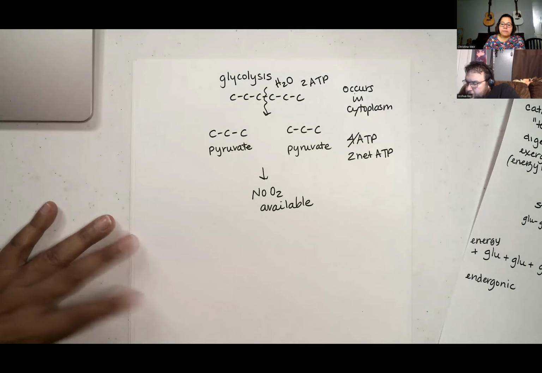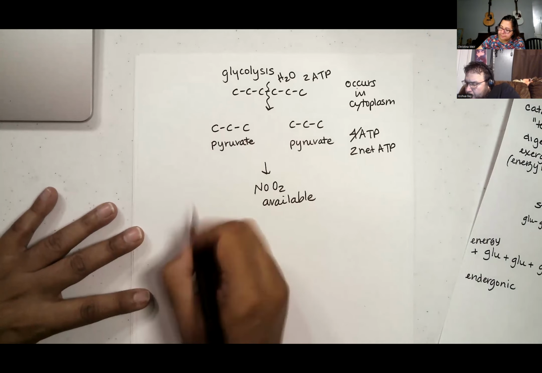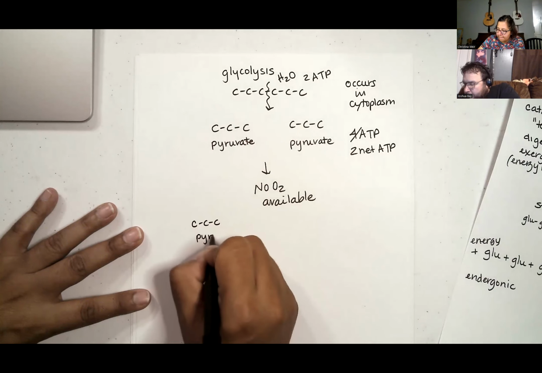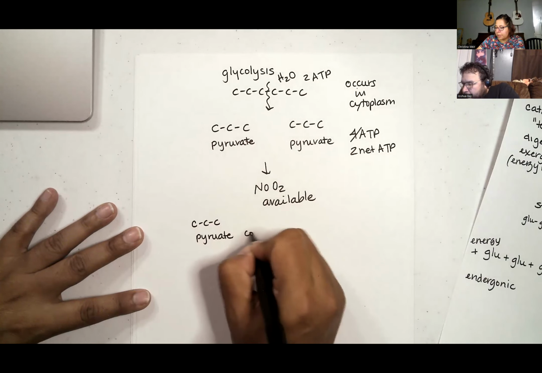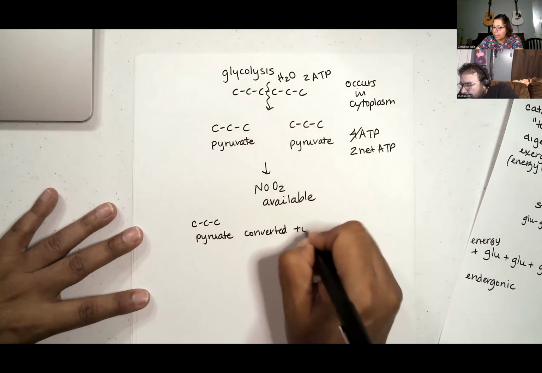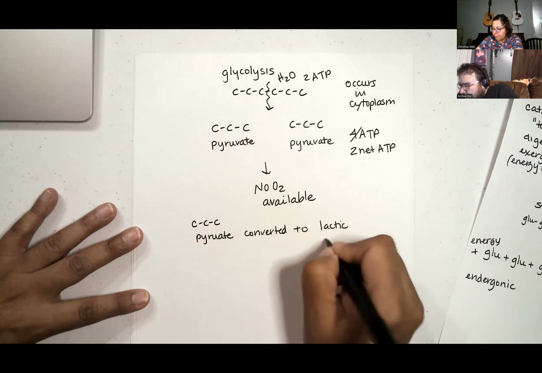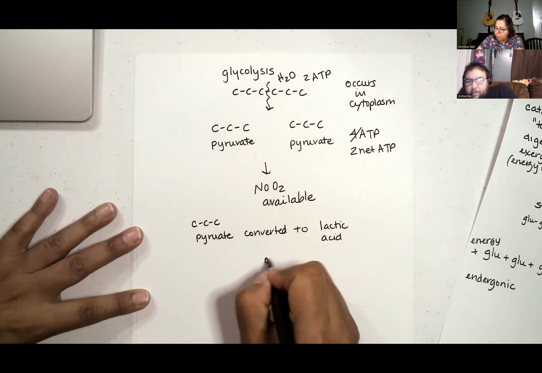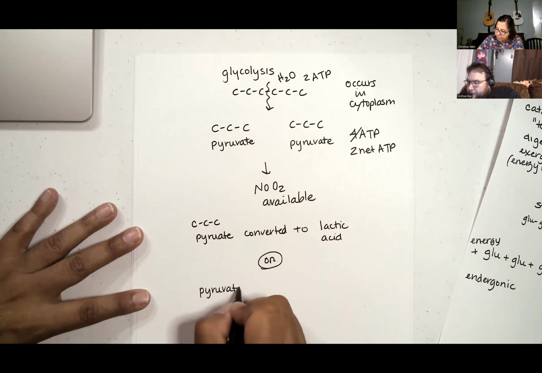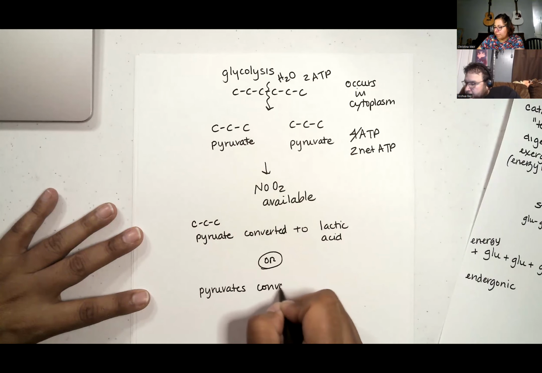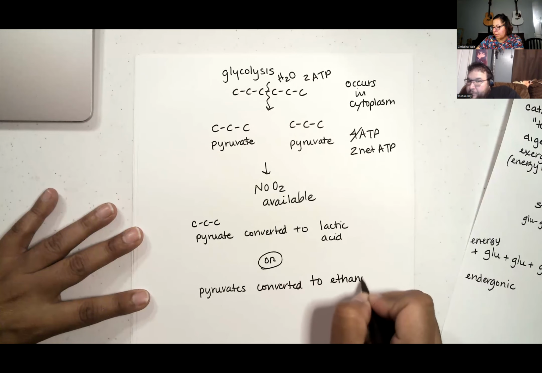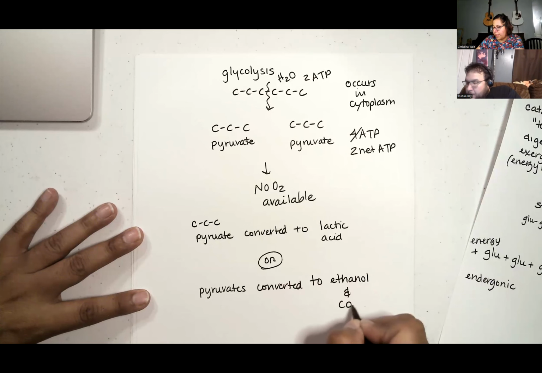If there's no oxygen available, one of 2 things happens. The pyruvates are converted to something called lactic acid. Or the other option is that the pyruvates are converted to ethanol and carbon dioxide.